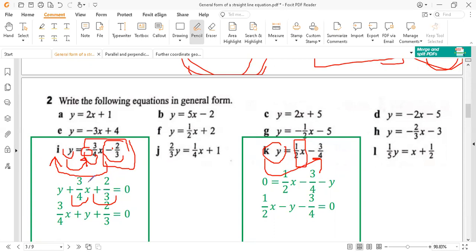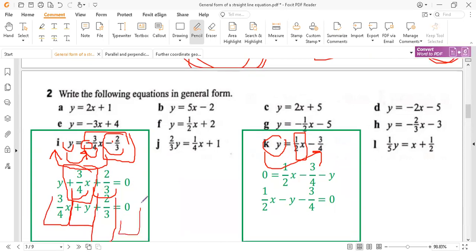And we rearrange to have the first term as 3/4 x, ax + by + c = 0. And we mean here ax + by.